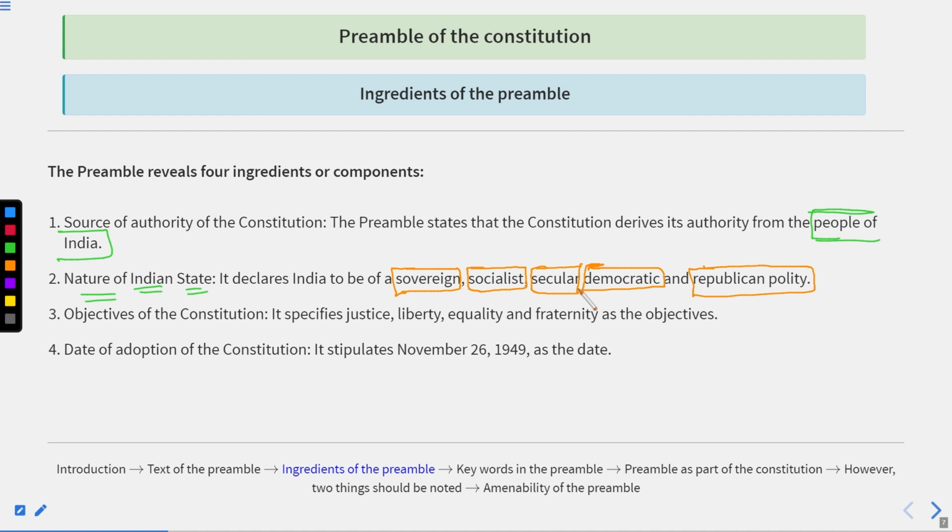Democratic means in India we have elections, we have an elected government, and the people of India have the right to vote and choose the people who will govern them for a specific period of time, like 5 years. All right, it is a general time in India, and thereafter the republican. As I have told you, the head of the state will be an elected one.